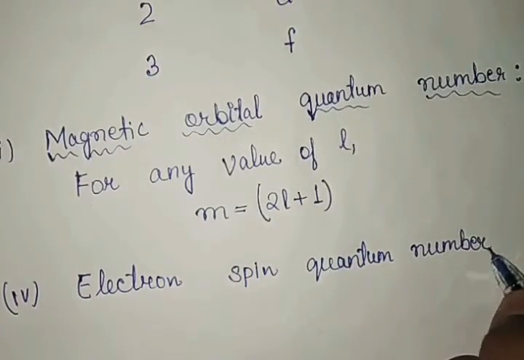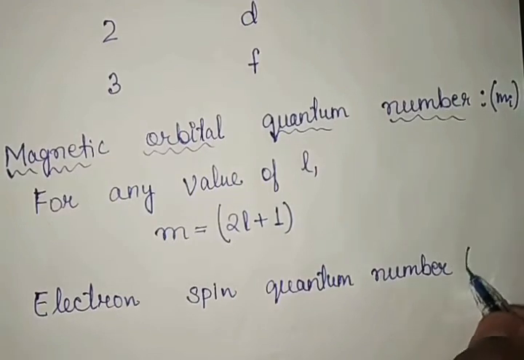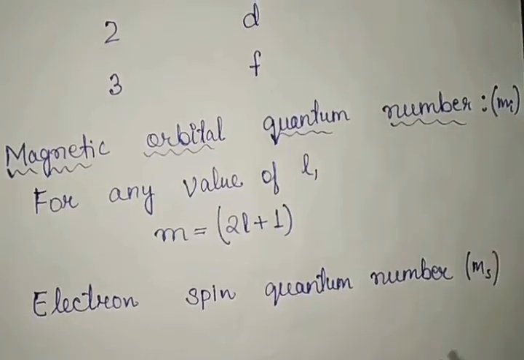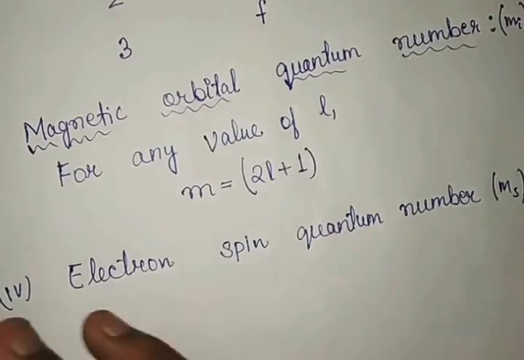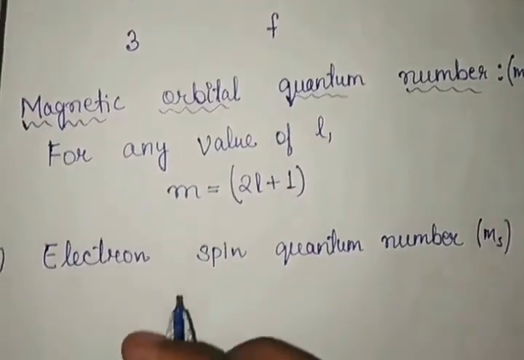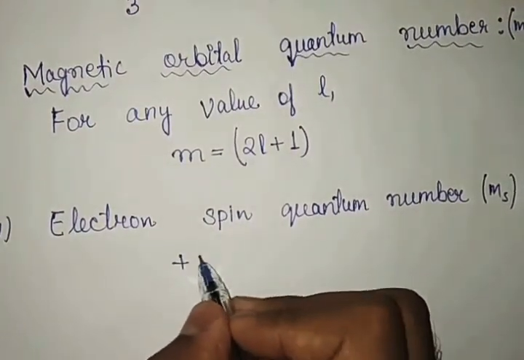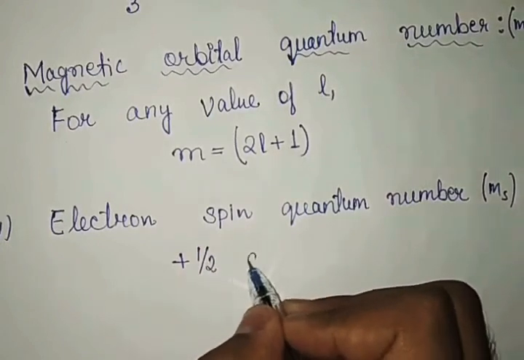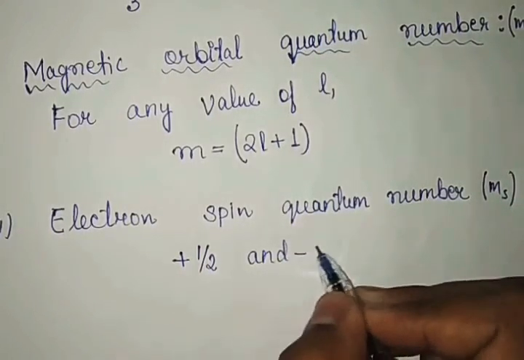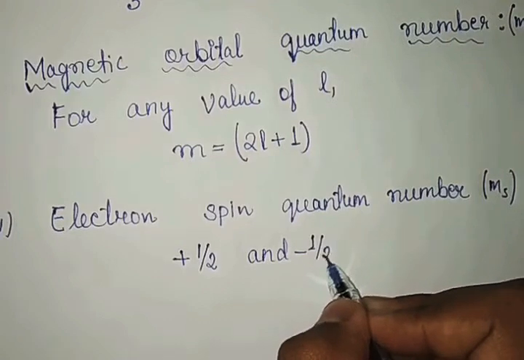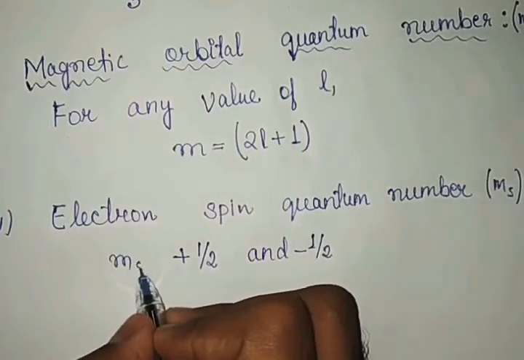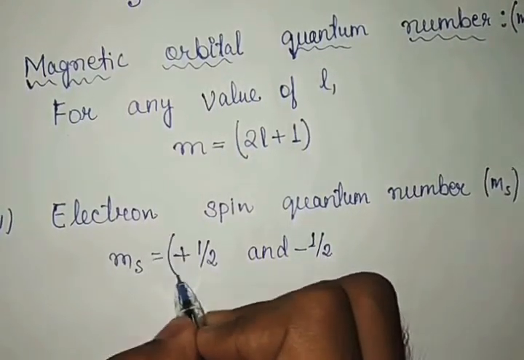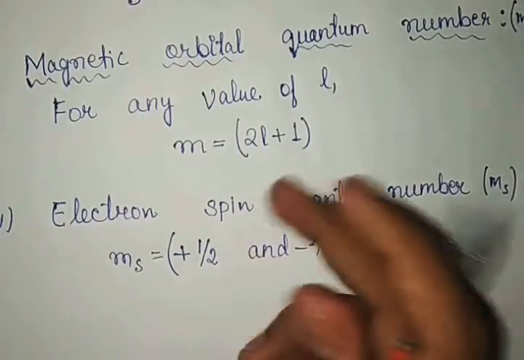Electron spin quantum number, it is given as ms. Then for this electron spin quantum number, only two values are possible. That is, one is plus half and the other one is minus half. These two values are fixed for ms. Means either it can be plus half or it can be minus half.